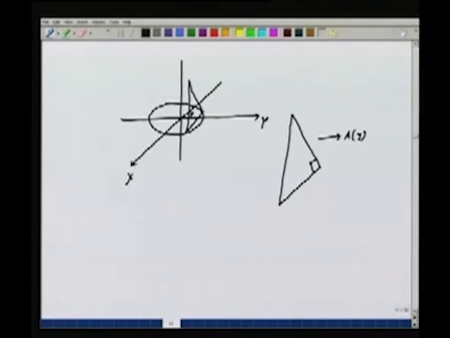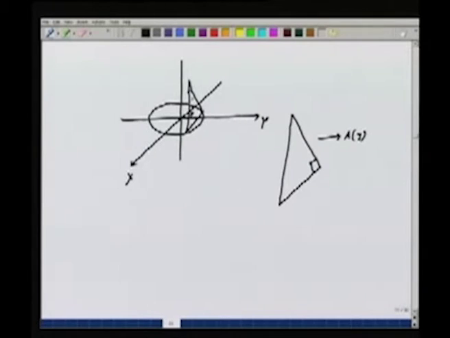I need to know the area of this slice. This slice is in the body. I don't know the exact body. All I know is that this is a slice, so I want to find this area. Now this is y, the total distance, from the center to here.